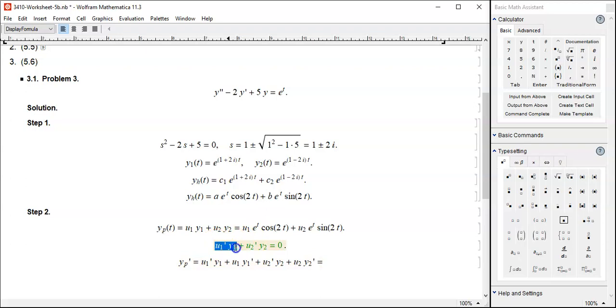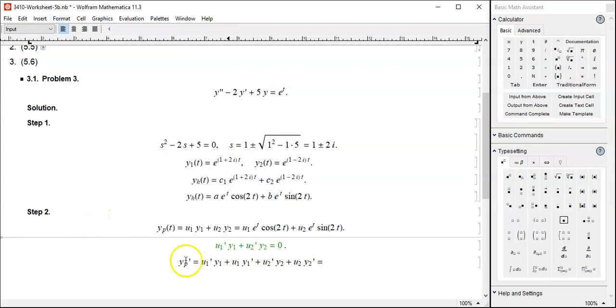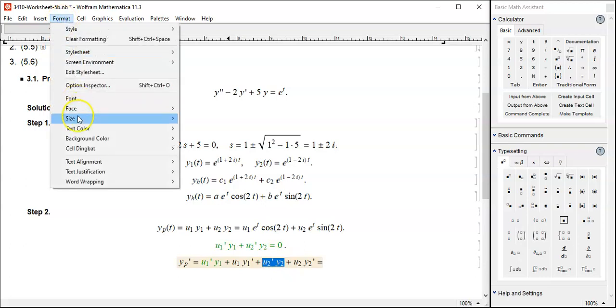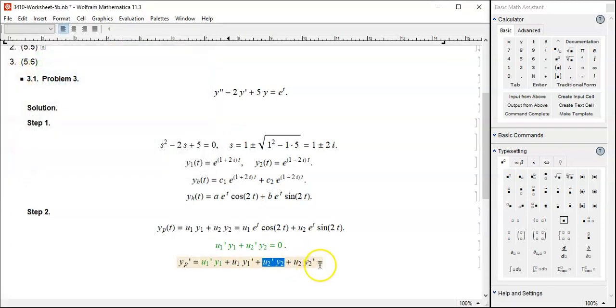Now u1' y1 is over here, and u2' y2 is over here. They add up to 0.